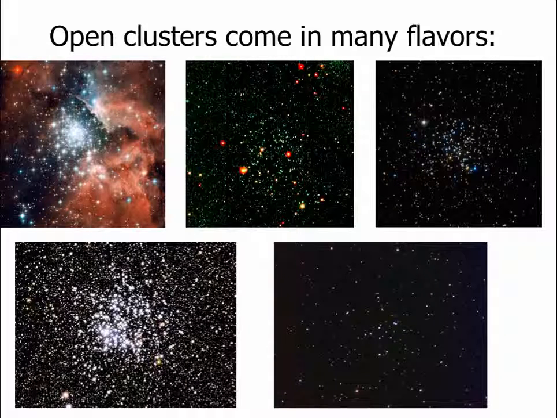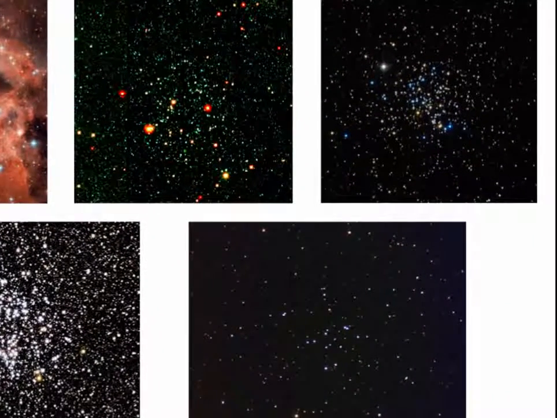Now, open clusters themselves have many flavors. So here are some. You see in the upper left, if an open cluster is just forming, it might still have gas around it. Bottom left, you see that some open clusters do have a lot of stars, although not nearly as many as a globular. And the three open clusters on the right, you see, have varying amounts of stars.